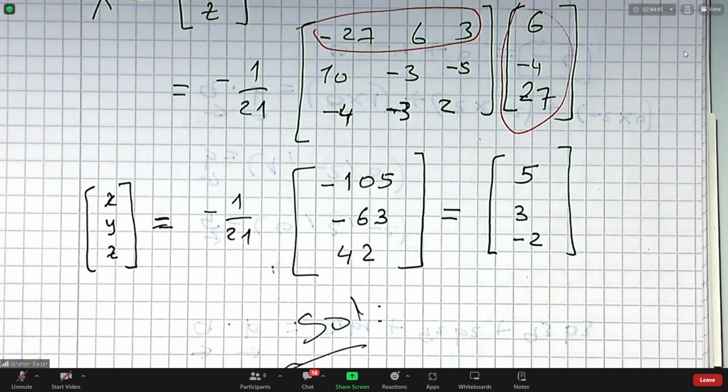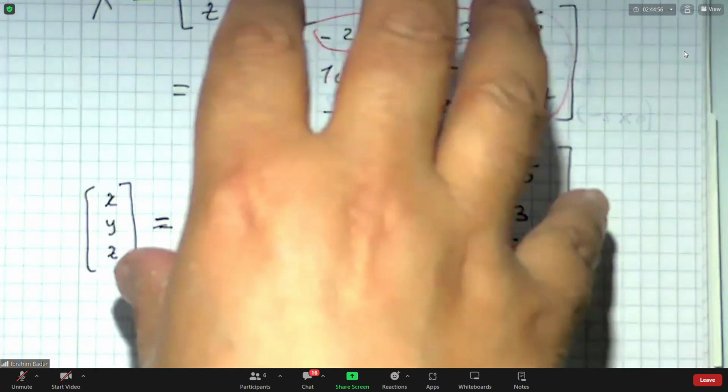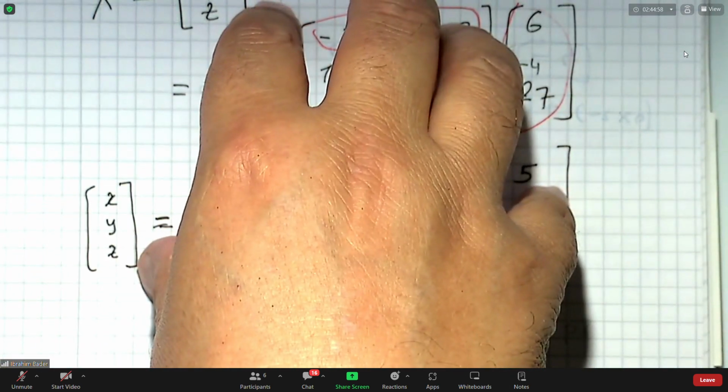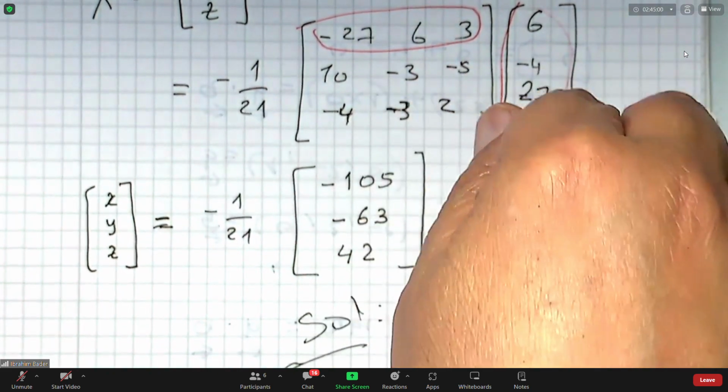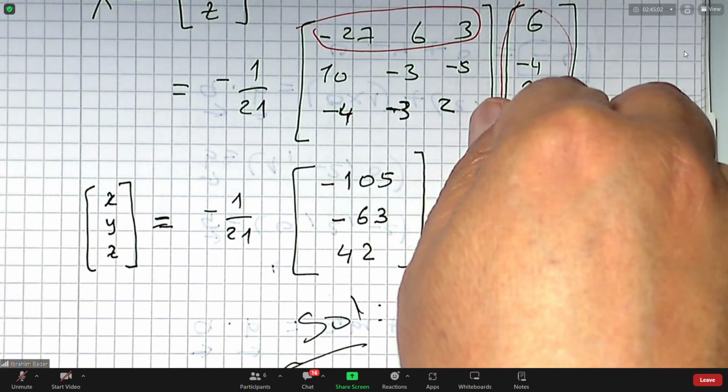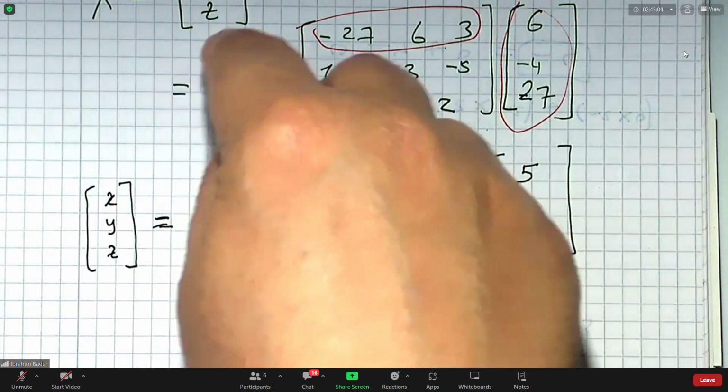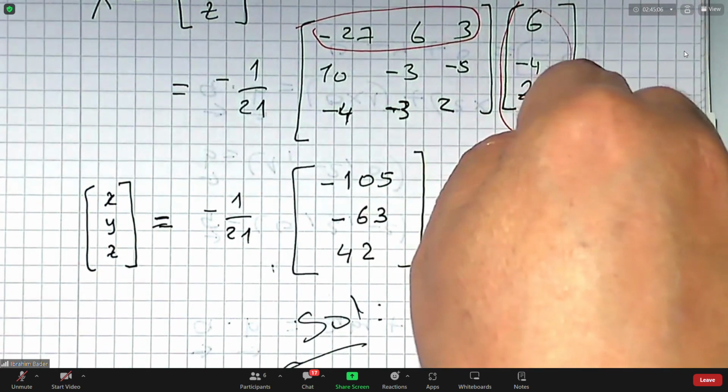It's not about how to get the inverse. This particular example is just about demonstrating how, if I know the inverse of the coefficients matrix, I solve the system of linear equations. Simply, I need to multiply it with the right-hand side.